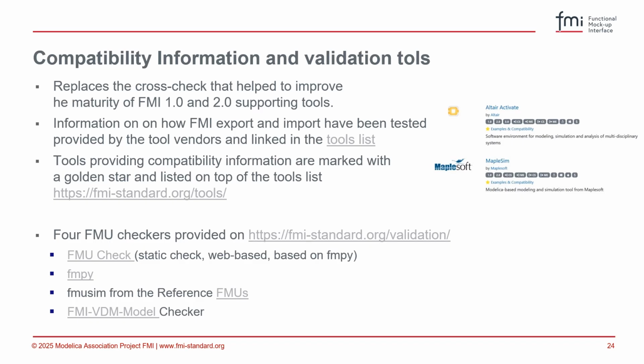Now the tools themselves can provide information on how they tested their implementation, provide example FMUs for exporting tools, and report with which other FMUs they have tested their implementation and with which checkers. This is very beneficial for users to see how well the implementations have been tested.